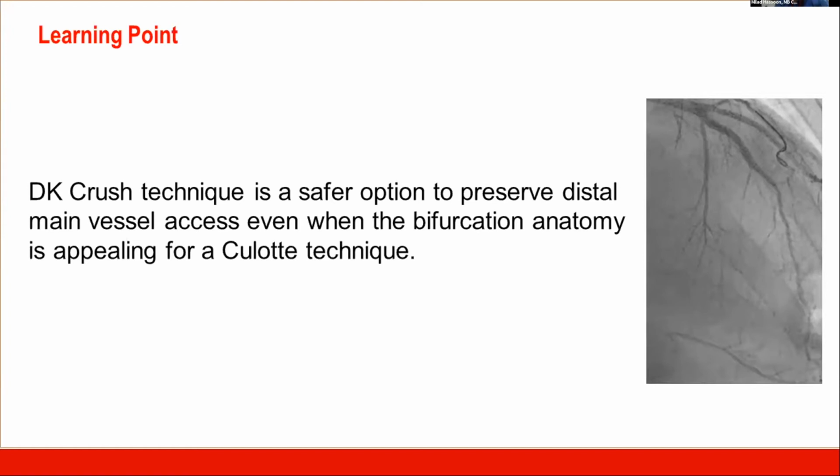As you can see here, we cannot risk the patency and access to the distal vessel because it supplies such a big area of myocardium in the distal LAD and also collaterals. And this is where DK crush, with its feature of keeping the wire in the main vessel always there, I guess suits more than culotte, even if the bifurcation anatomy is appealing for culotte.